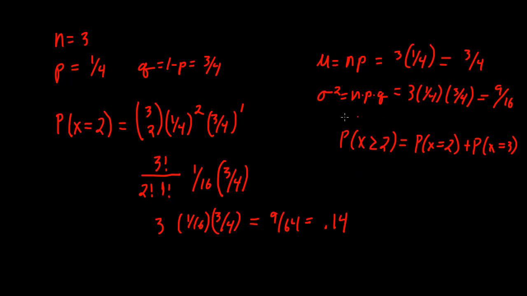And the same would happen for any inequality that we have here. So x is greater than some value, x is less than some value, x is greater than or equal to some value. We need to walk through each of the different values that x is going to be equal to that are relevant to our equation and fill in those values and add them all together to get the probability of that actually occurring.